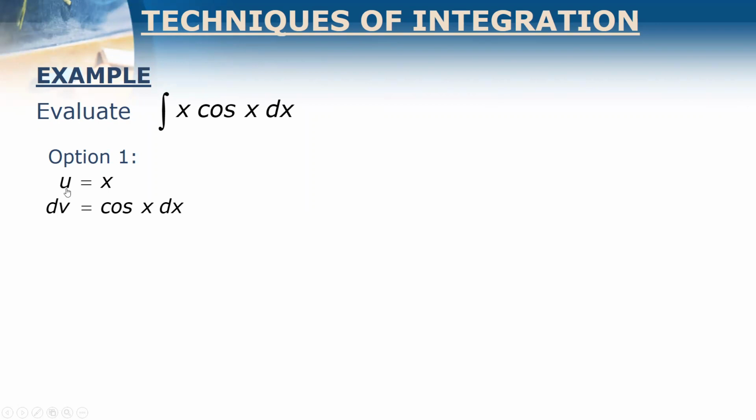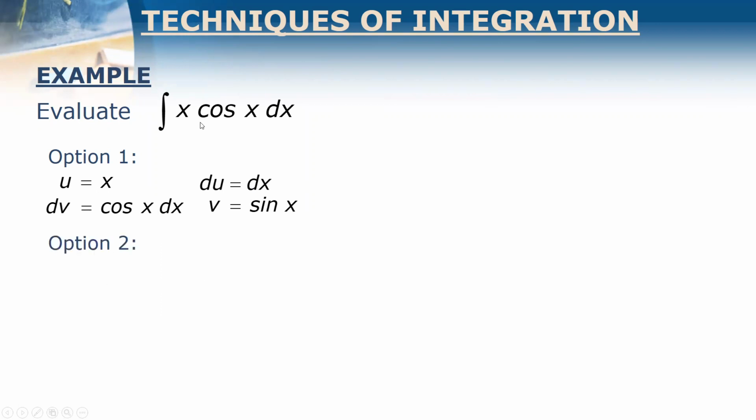Let's differentiate u: du is simply dx. And for dv, we integrate cosine x: v is equal to sine x, because the integral of cosine is sine.